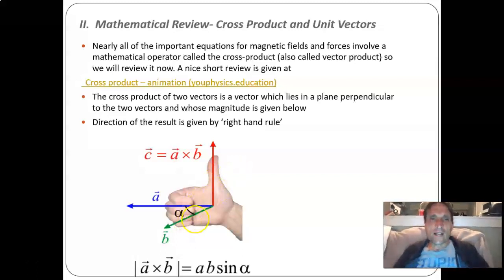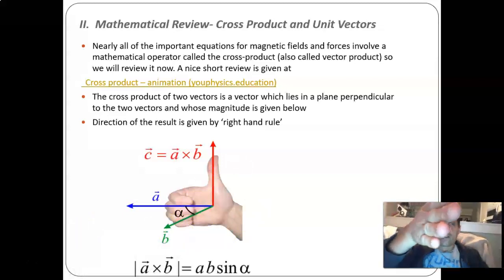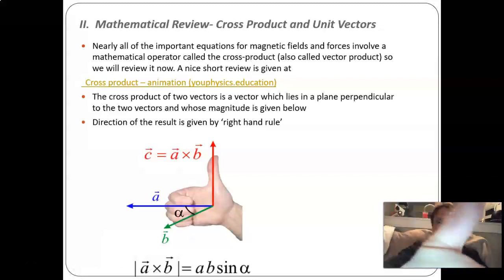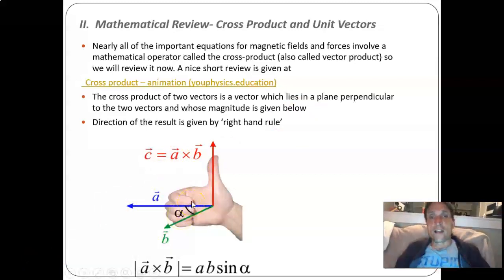So to get the right-hand rule, you put your hand in the direction of A, point your fingers in the direction of A, with your palm pointed toward B. So you point your fingers in the direction of the first vector, A, and you have your palm facing the second vector, B. And it's your right hand, that's why it's called the right-hand rule.